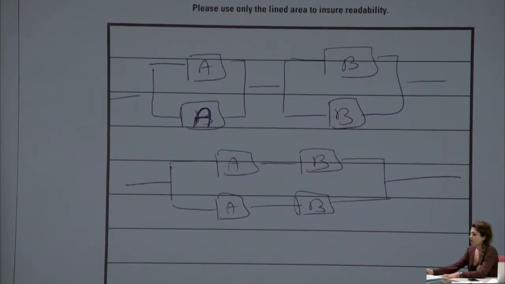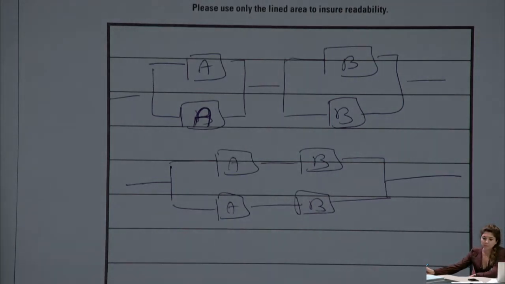Which system do you think is more reliable? Or which one has a high level of redundancy? Or which one do you consider as having a low level of redundancy?